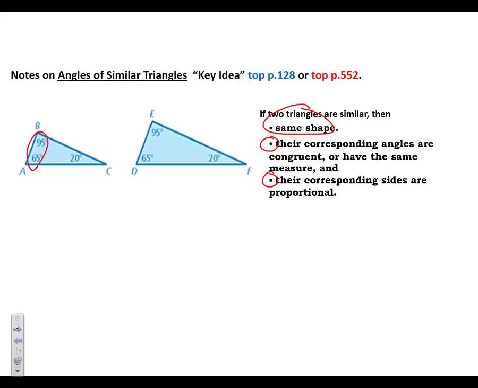If I have another triangle, say DEF, and that triangle has 65 and 95 as angles, if I have two angles that are congruent, the third angle must be congruent. And if so, we have similar triangles. Well, that's important because if we can prove we have similar triangles, then we can use corresponding sides that are proportional to solve some of these real world problems we're going to be talking about today.